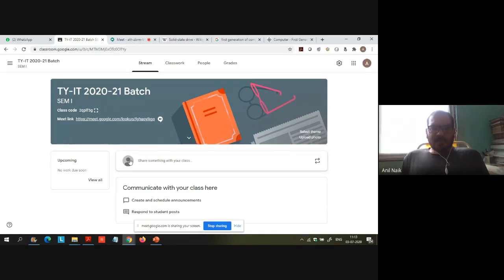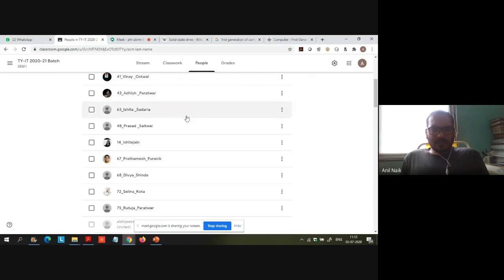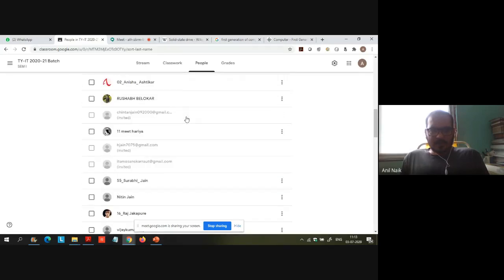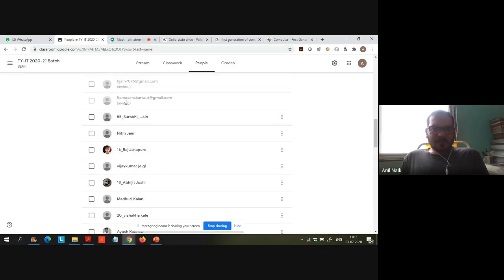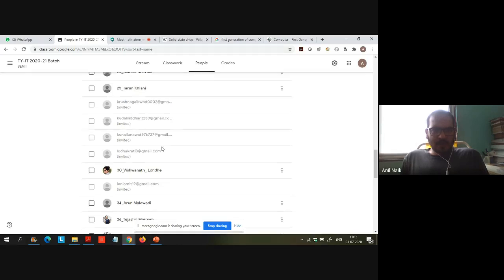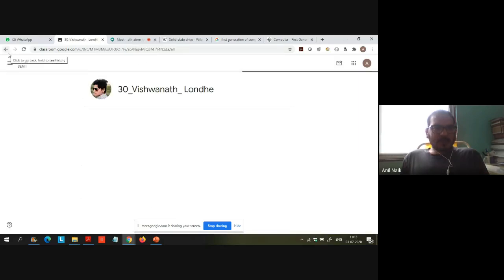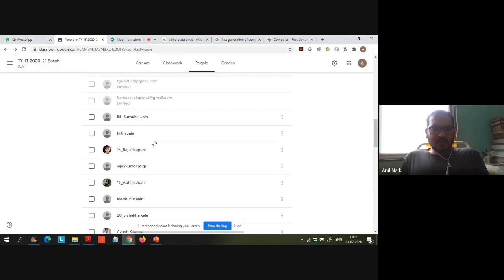I request, there are a few people who have not joined: Chintan Jain, H Jain, Raut. These people have not joined. Kunal, just inform your friends Gaikwad, Kharat. These people have not joined the classroom.